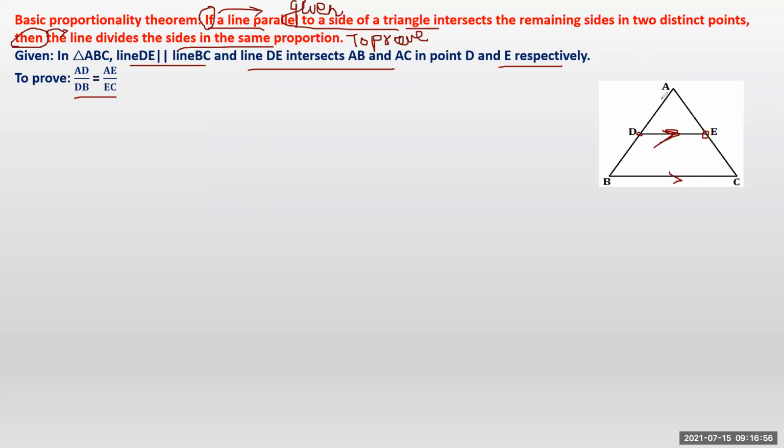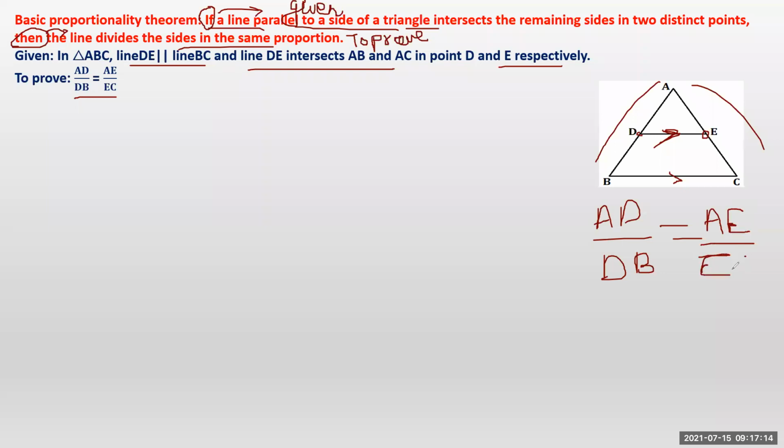So AB is divided as AD upon DB, and AC is divided as AE upon EC. So you have to prove AD upon DB equals AE upon EC. Is this clear to all the students?